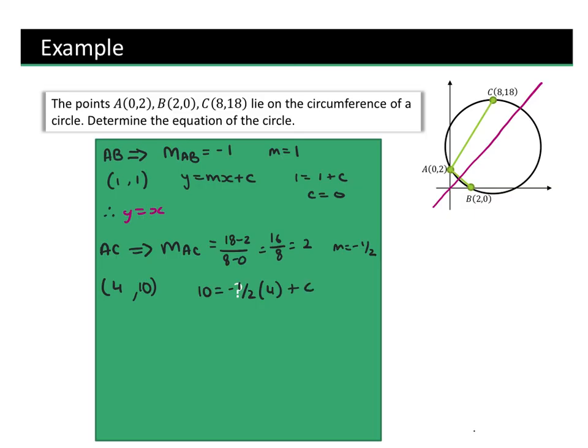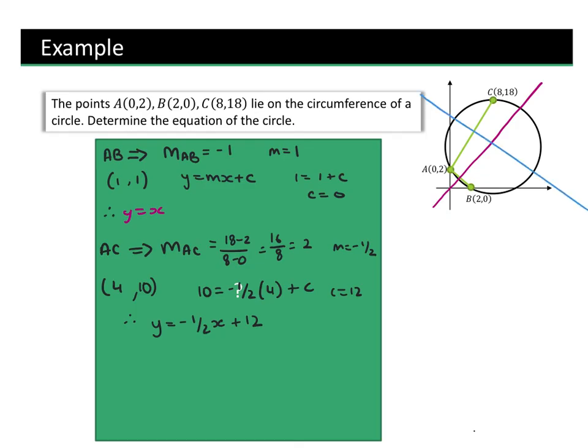So I'm going to get 12 equals c. -1/2 times 4 is -2, isn't it? So c equals 12. So therefore, the equation of this line is y equals -1/2 x plus 12. So this line is, in fact, this line here.